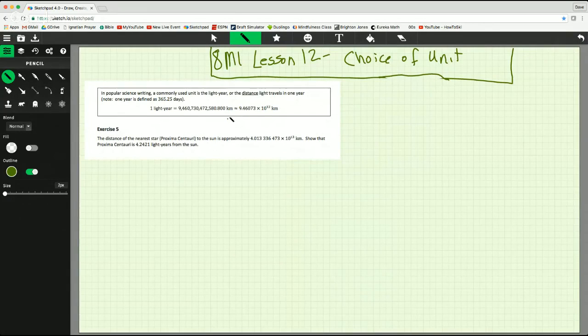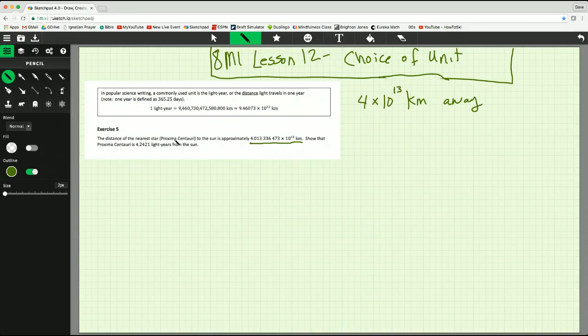So here's a thing we're talking about, and it kind of connects to what we just talked about. If you said to me that the nearest star is 4 times 10 to the 13th kilometers away, as they say, and I'm just rounding here, that's the nearest star, Proxima Centauri.